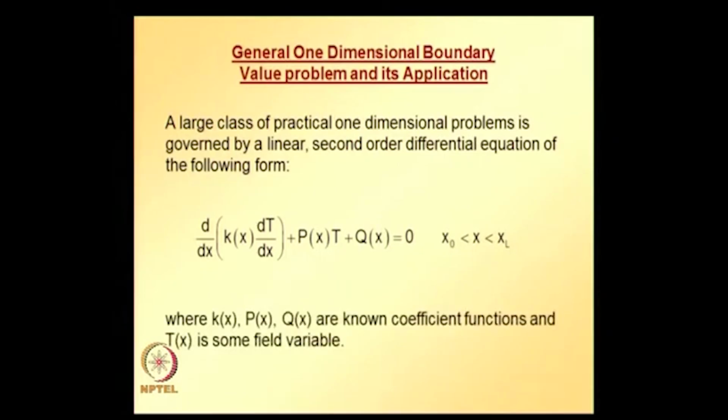This is a linear second order differential equation, where k(x), p(x), q(x) are coefficient functions, and t is some field variable, which can be any problem dependent variable. Once we solve this general problem, you will see applications in heat flow problems, lubrication problems, and structural mechanics problems related to column buckling.